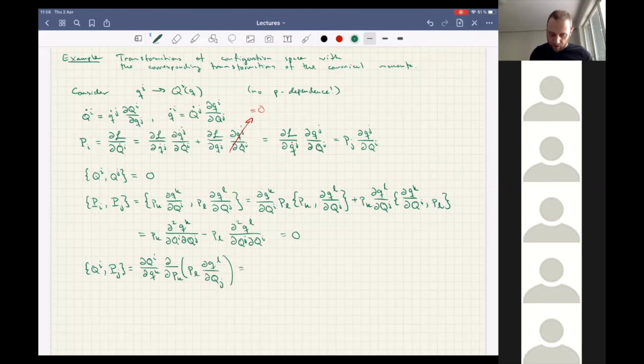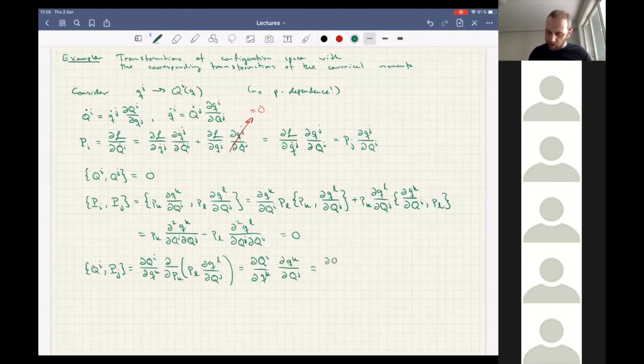So we're going to end up with dQ i by dq k, and then from this derivative we get delta l k. So we get dq k by dQ j. Sorry about the misindexing here; that should be kept upstairs. And this again now is just a chain rule.